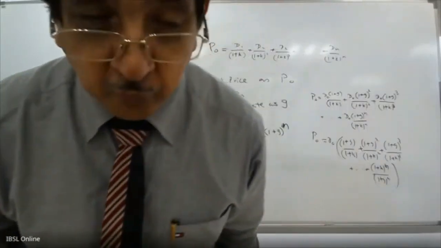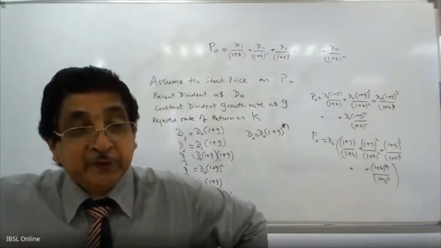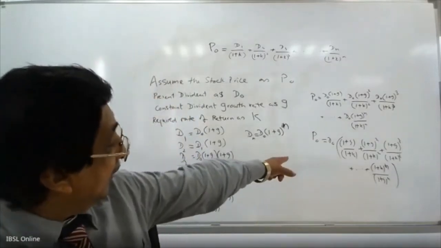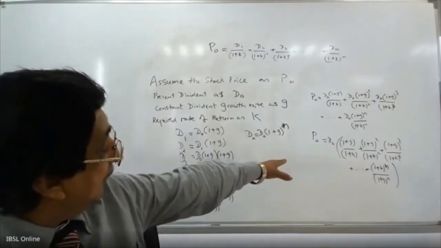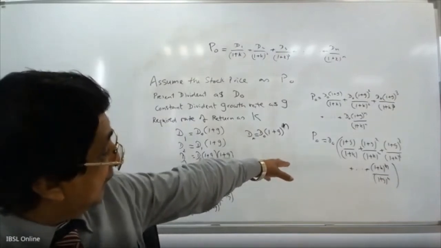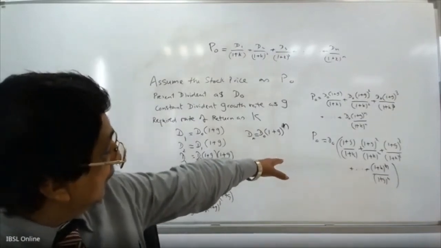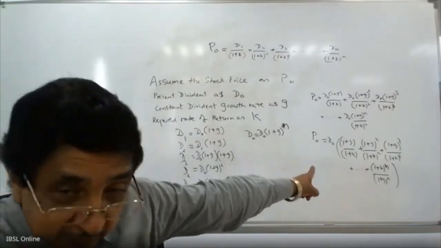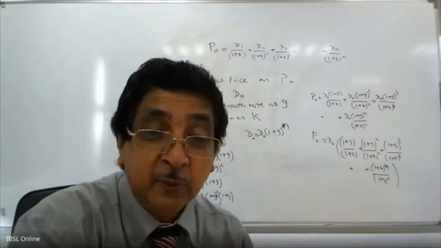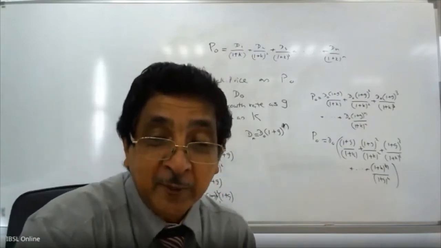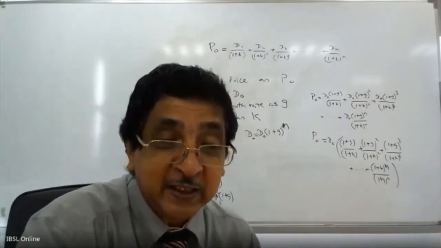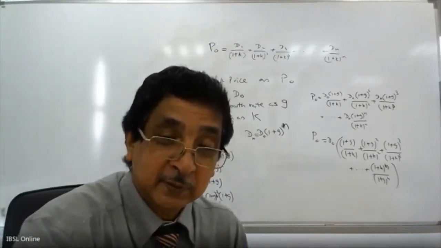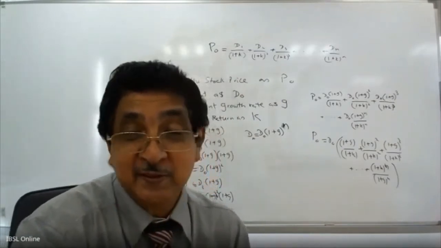Now what we can do is, within the bracket you find a geometric series with a common ratio of 1 plus g divided by 1 plus k. A geometric series.